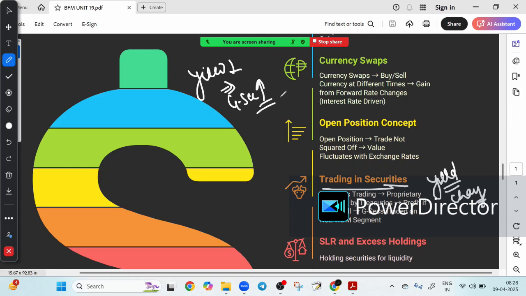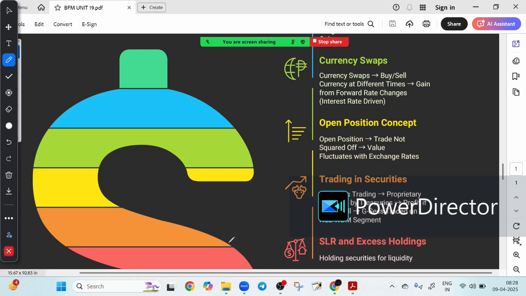If the yield decreases, government security value increases, and that is how the bank makes a gain, especially in the NSE wholesale debt market. That is called trading in securities. So whenever treasury trades securities, it is often to profit from the yield change. When yield decreases, government security price increases, and this is how the bank gains.